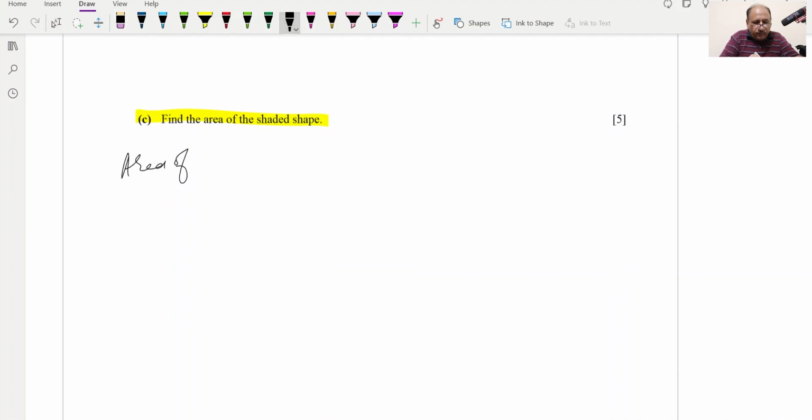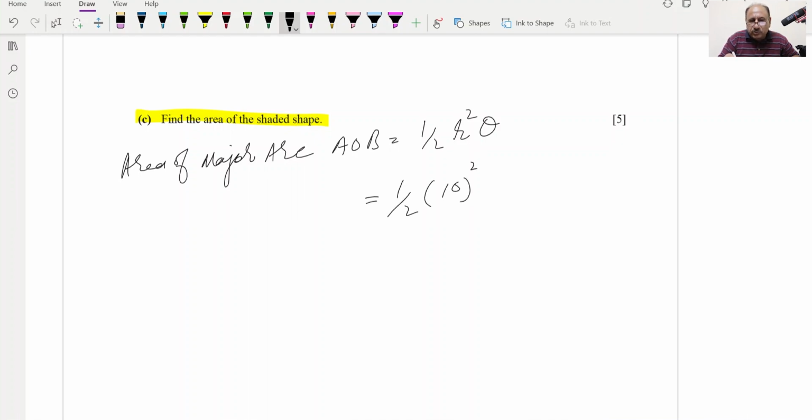Area of major arc AOB is equal to 1 by 2 r squared theta. Now 1 by 2 r squared, where the radius is 10, so 10 squared, and theta is 2 pi minus 1.70, and we can simplify this.